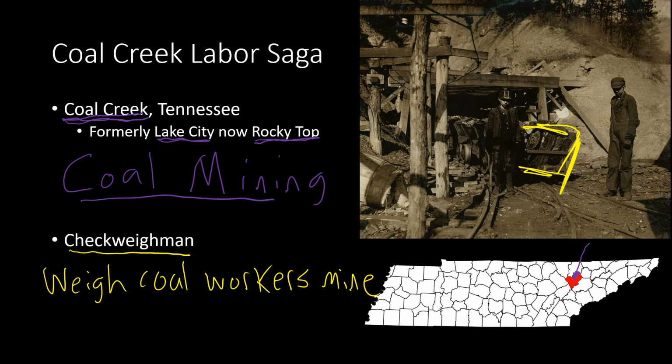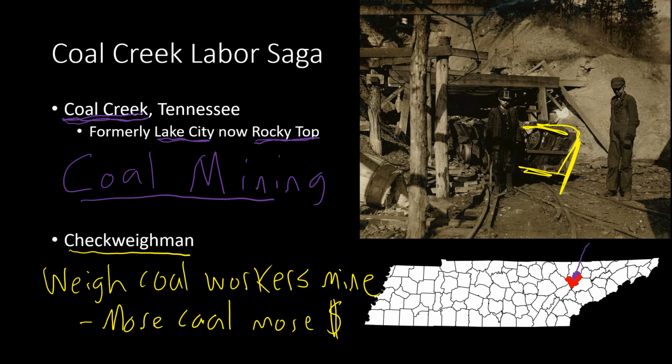And depending on the weight is how much they got paid. So more coal, you get more money. So the obvious incentive here is to work harder. The harder you work, the more coal you get, the more money you make.